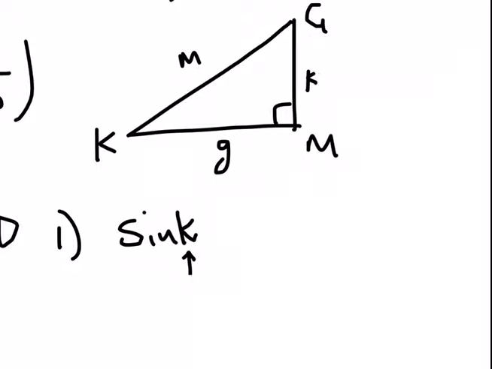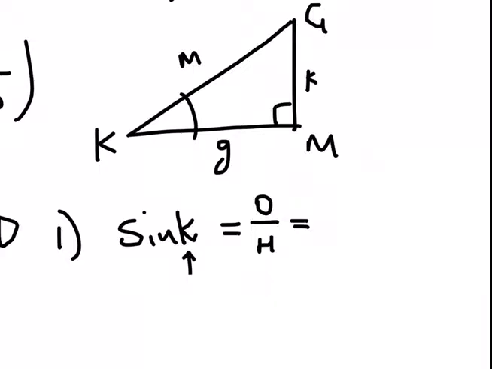So this is now the reference angle. What we know is that sine is opposite over hypotenuse. But you need to rewrite it in terms of M, G, and K.